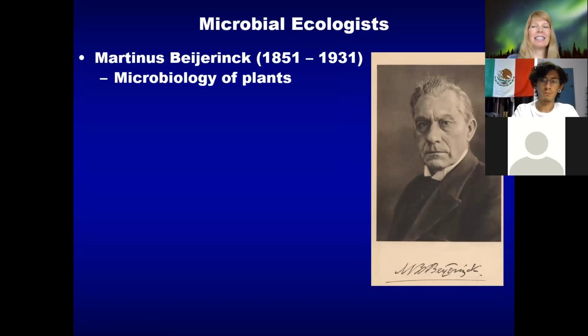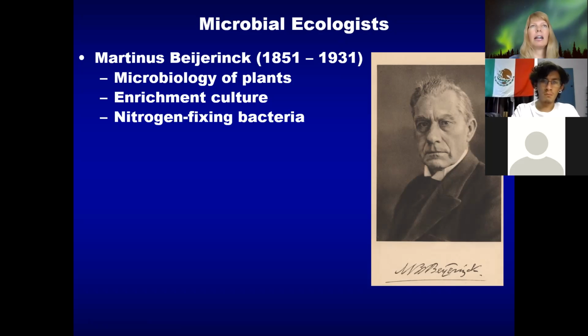So anyways, this is another person that you'll hear about in lab a little bit more, but Beijerinck is someone who got into the study of plants and looking at how microbes and plants interact with each other. And he's the one that figured out how to do what we call enrichment culture, which you're going to learn how to do in lab. And it's basically the idea of trying to target certain microbes.